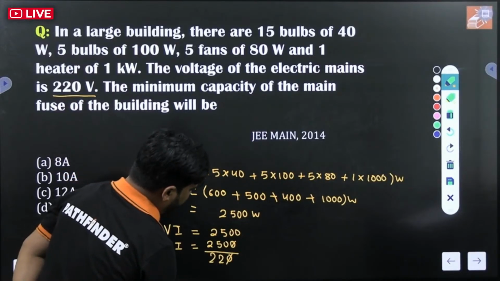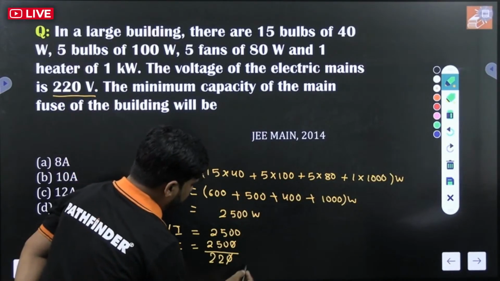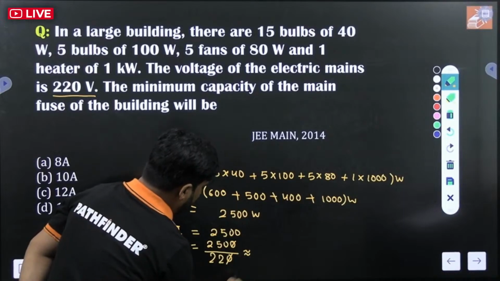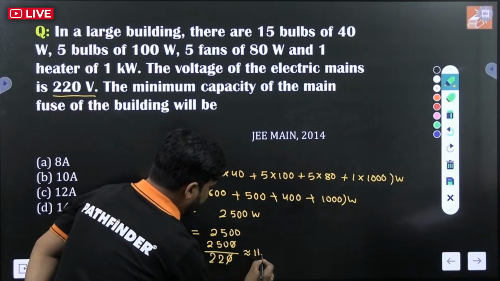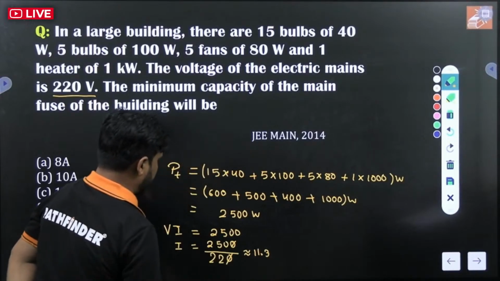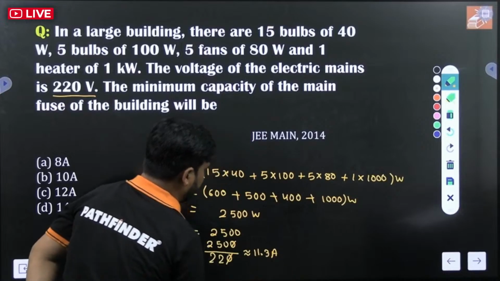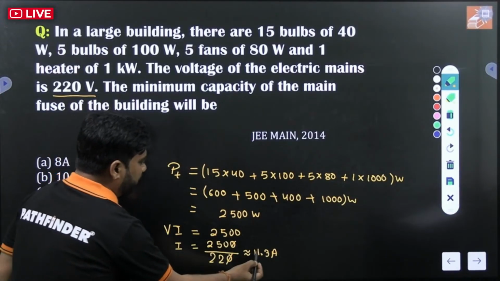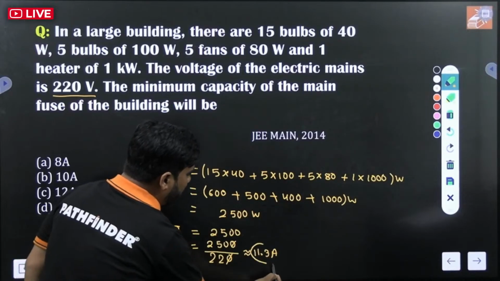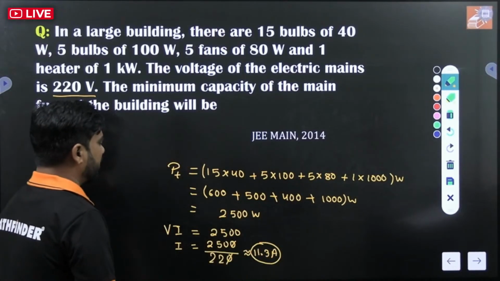Approximately how much are you going to get? Approximate value will be 11.3 amp. You can check it. So the fuse should not be less than this.